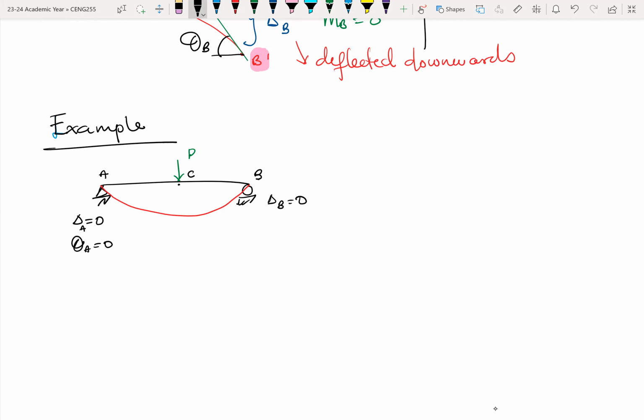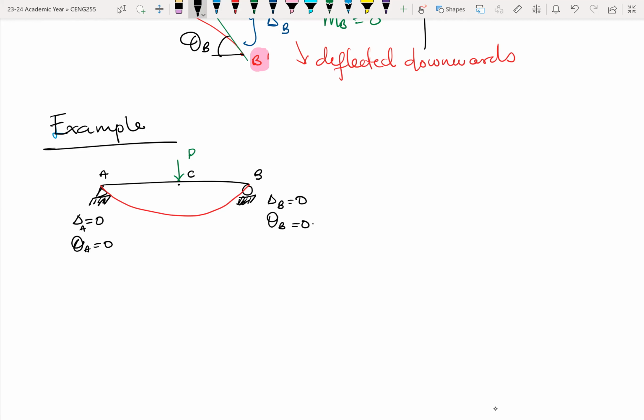What that means is that the deformation in the horizontal direction is very small, so we can assume that it is 0. And that's how we are only looking at vertical displacement for now. I'll explain this a bit more later. Okay, and then here, theta B is not equal to 0.